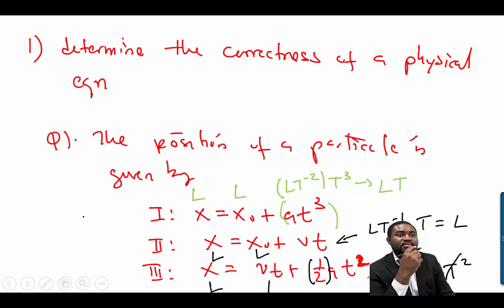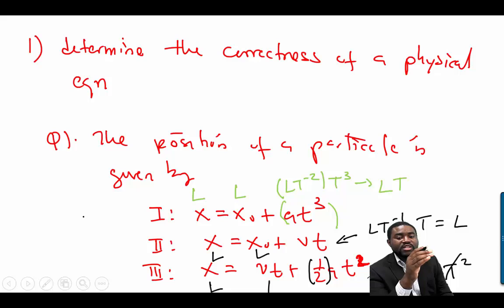Now, how do we interpret the equation? As a matter of fact, please listen. This is the equation of an object with zero acceleration. Now, the question doesn't say that the particle is accelerating or not.